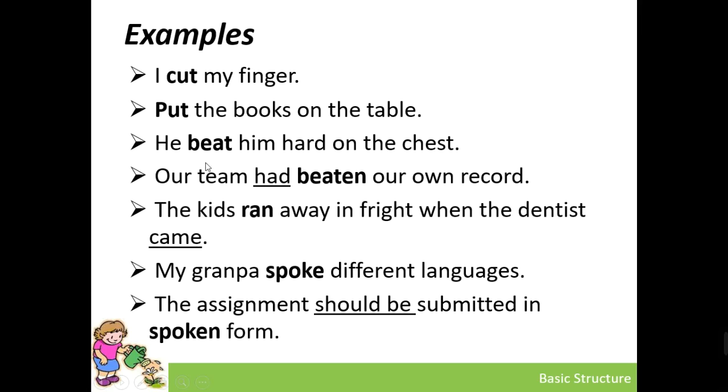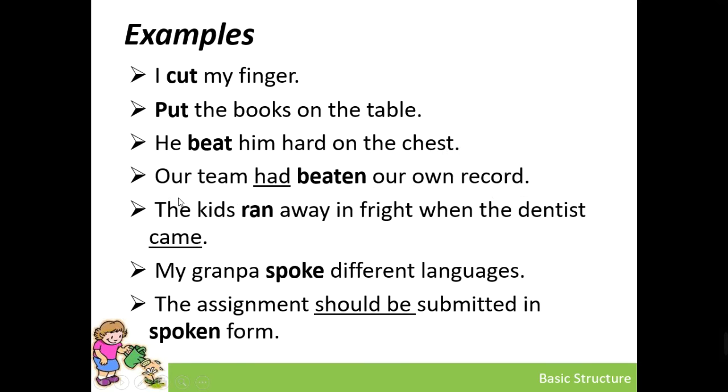But there is a way for us to determine the tense of this sentence, as the verb is only beat without the ending s, meaning that this is in past. Because if this sentence is in the present, it should be "he beats him." The verb should end in s because the subject is third person singular. So if it is in present, it should be "he beats him hard on the chest."